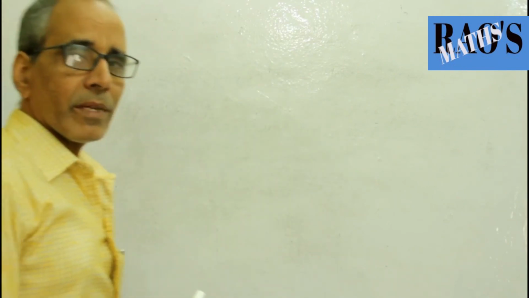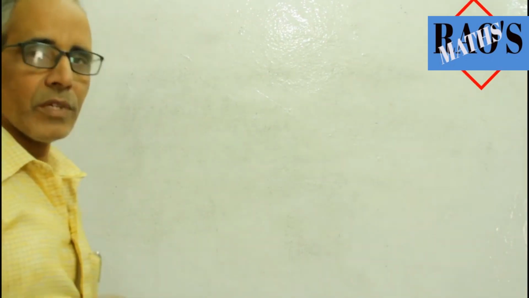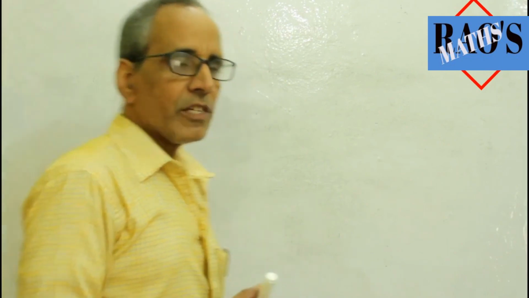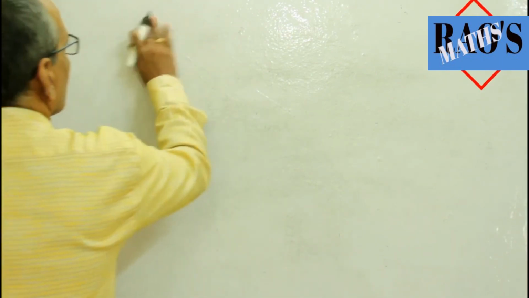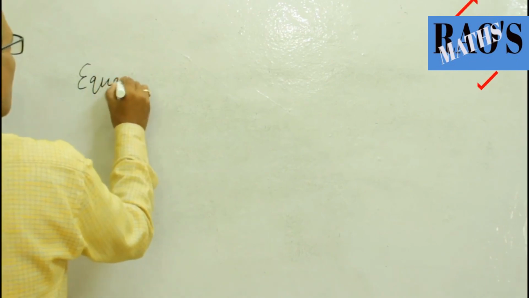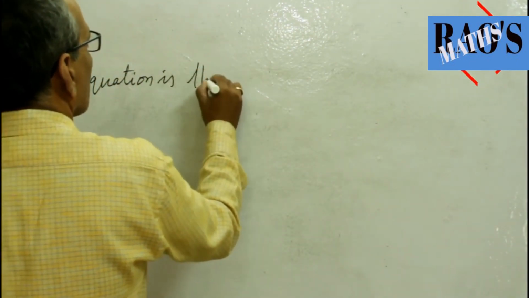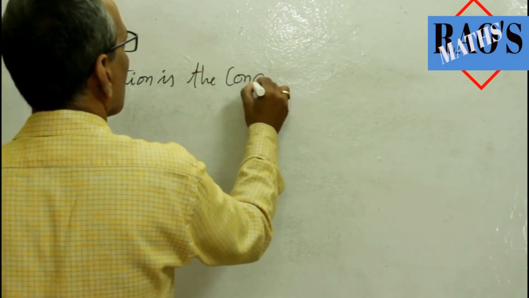There are multiple methods to solve an equation, depending on the condition of the variable. Here I solve a simple equation. So first of all, before going to solve the equation, we brush up again. An equation is the condition on a variable.